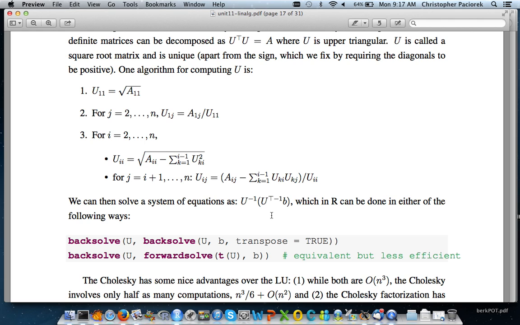U transpose is lower triangular, so that's a forward solve, right? So that's n squared, and then U inverse times the result of that is going to be a back solve. So we've got a Cholesky decomposition, a forward solve, and a back solve. One of those is n cubed, and 2 of those are n squared, so that gives us some idea of what the calculations are. And we also know that we definitely don't want to do this first and then multiply by b.